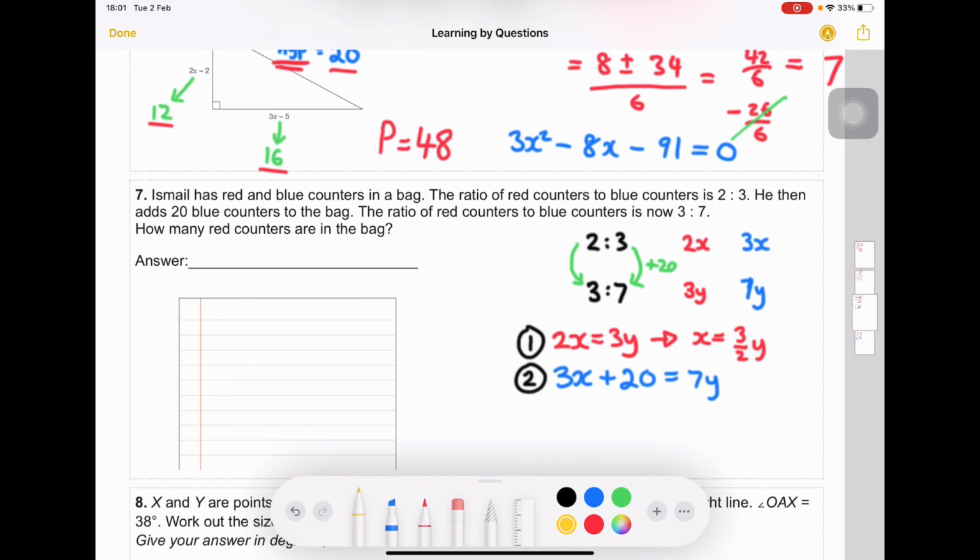Now I'm going to substitute this bit into here.